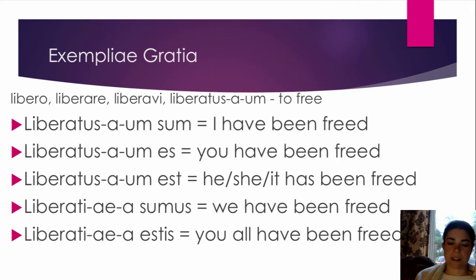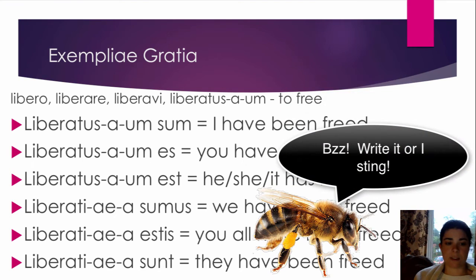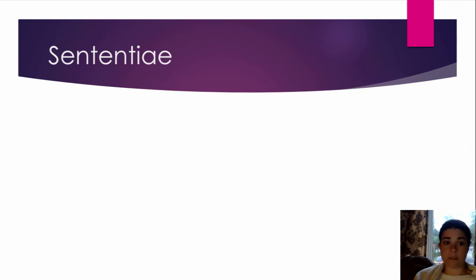Liberati, -ae, -a estis, "you all have been freed," and liberati, -ae, -a sunt, "they have been freed." And again, remember that ending will change. It will be i, ae, or a depending on who the subject is. And that actually will help you out a lot when it comes to translation, as you're going to see in our example sentences, because it can help point you to what you should be looking for as your nominative.